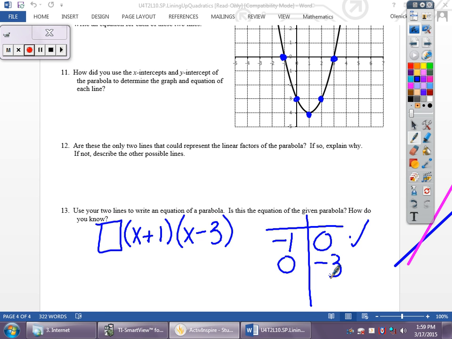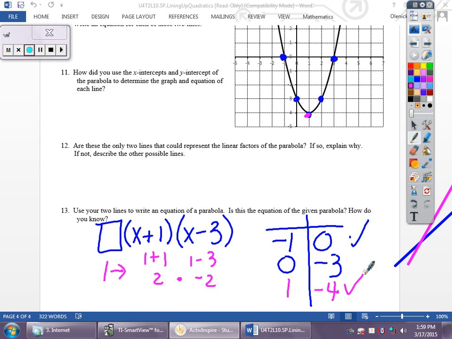Let me visually show you because me talking it out might be a little challenging. I'm going to plug in 1. So 1 plus 1 is 2. 1 minus 3 is -2. 2 times -2 is -4. So when I plugged in 1, I should get -4. 1, -4. Check.